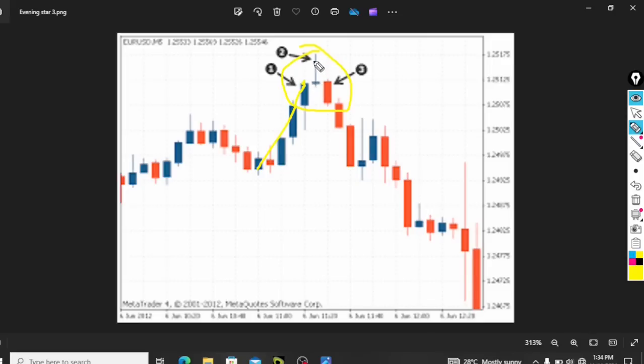But let's say you are still not convinced. The combination of these 3 candles together will make an evening star, and that is more than confirmation for you to go short. All right. So the point where you should be more convinced is when the 3rd candle appears. This 3rd candle is a bearish candle, and it is what confirms to you that it is an evening star.